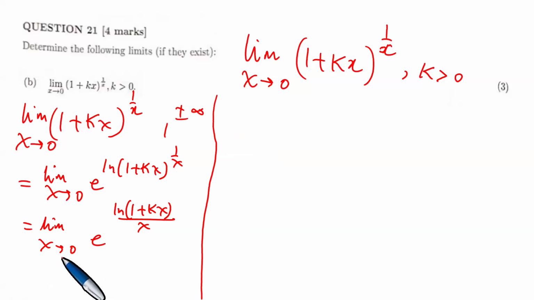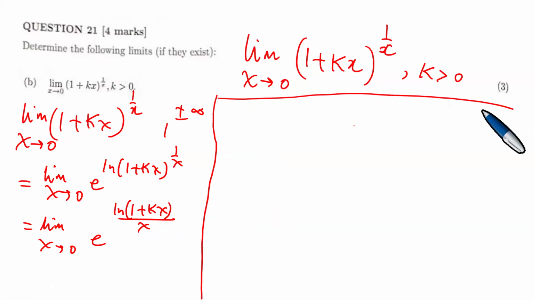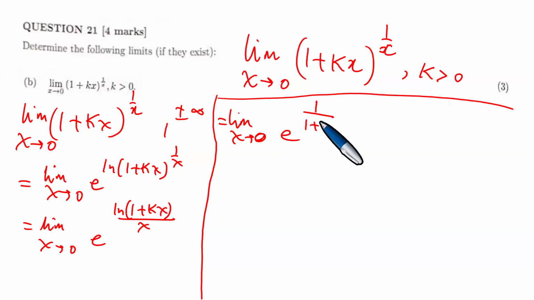As x tends towards 0, the bottom becomes 0. But in the place of x, you put 0 on top: it's ln 1, which is 0, so we have 0 over 0. So whatever you have here is the limit as x approaches 0 of e to the power of 1 over 1 plus kx, times k, which is exactly k.